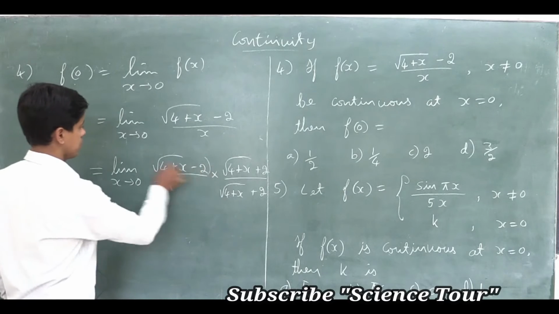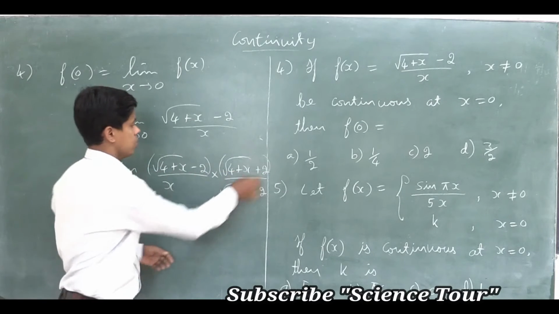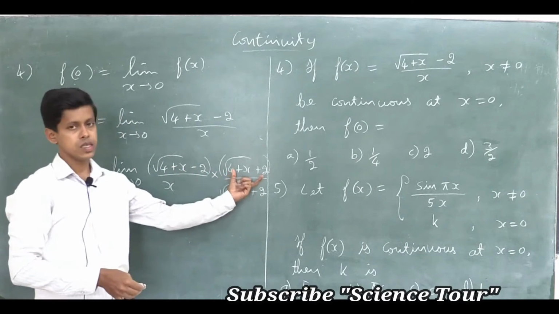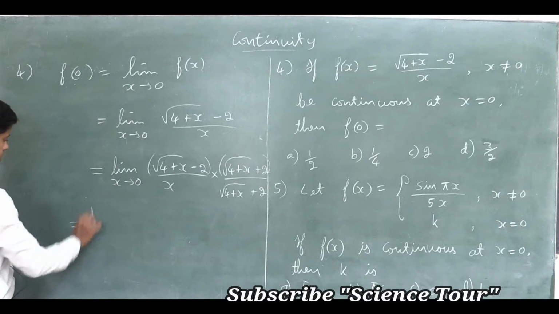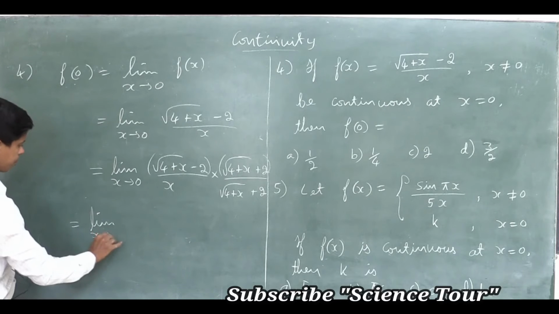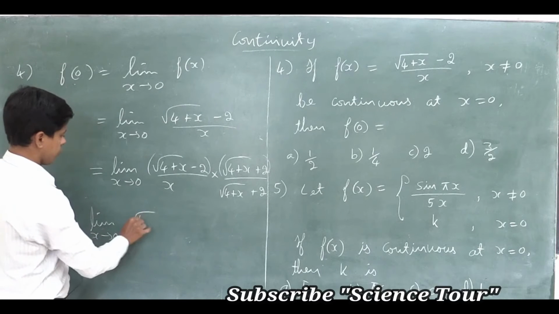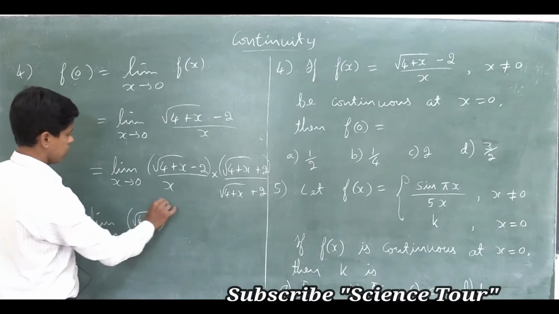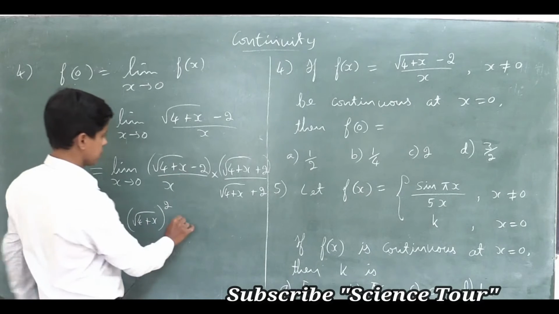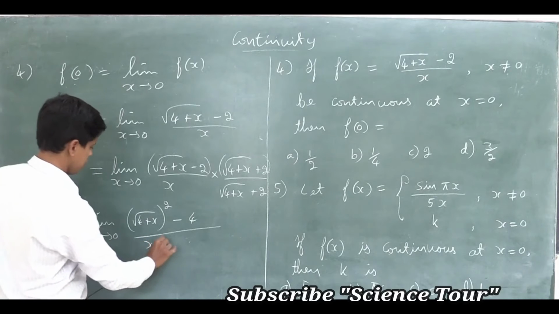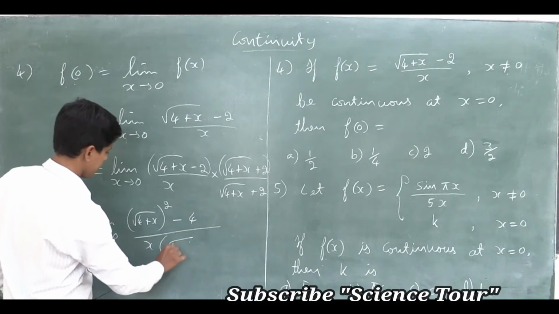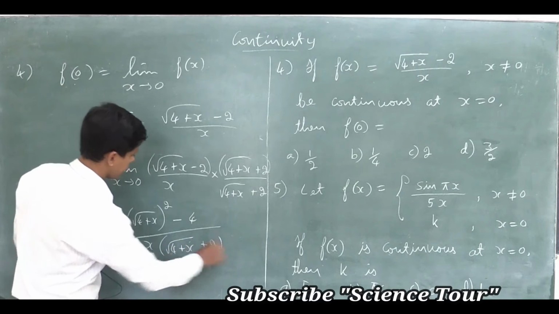Now let us use the formula (a minus b) into (a plus b), which is a square minus b square. So this will turn out to be (4 plus x) whole square, minus 2 square, that is 4. And in the denominator, actually you don't have to do anything, so keep it that way.